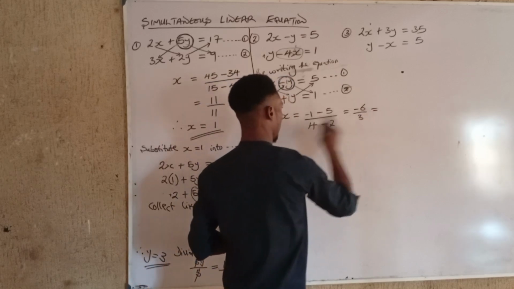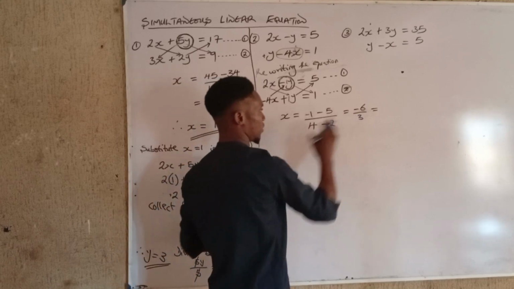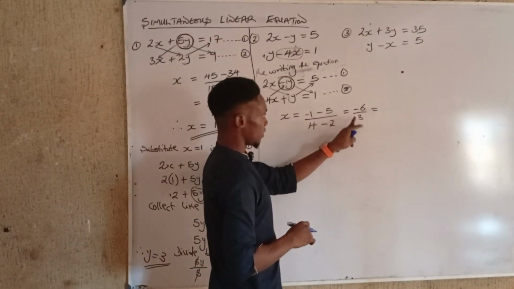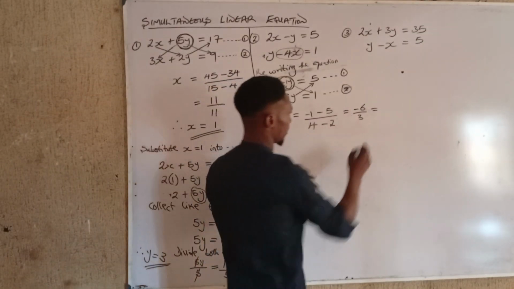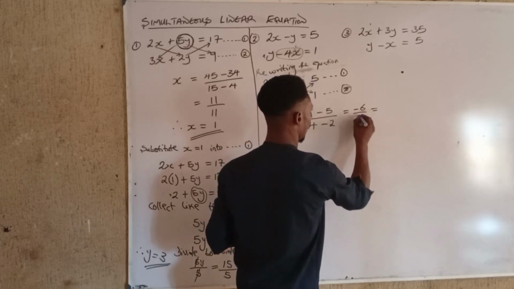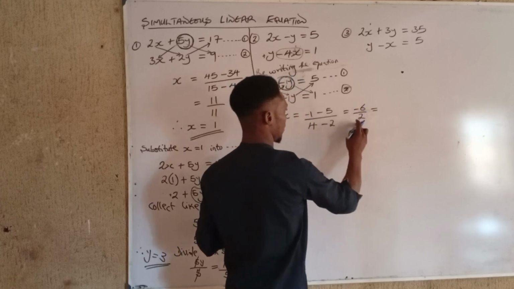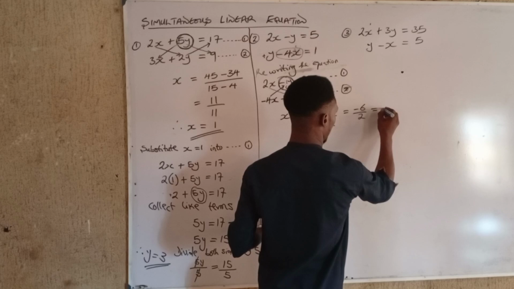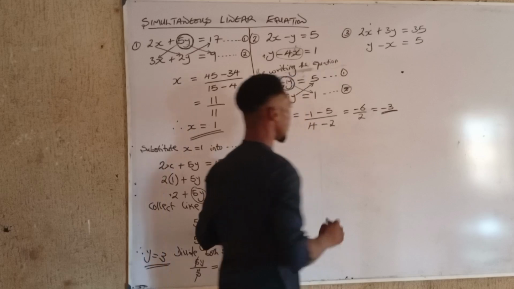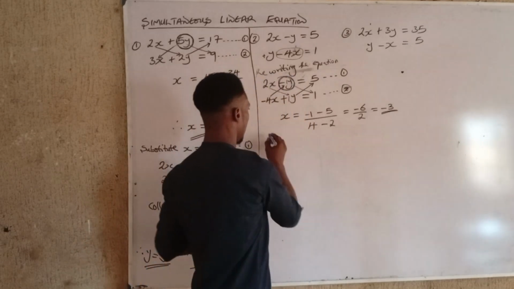Then final answer for x. Sorry that I'm solving like this because of space. Minus 6 divided by 2 will give us minus 3. That's the value of x.